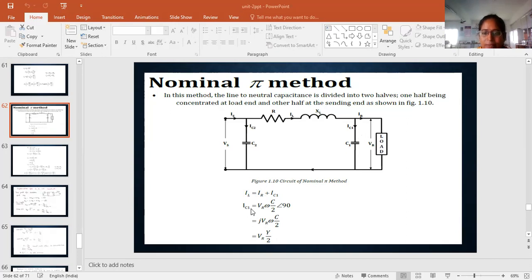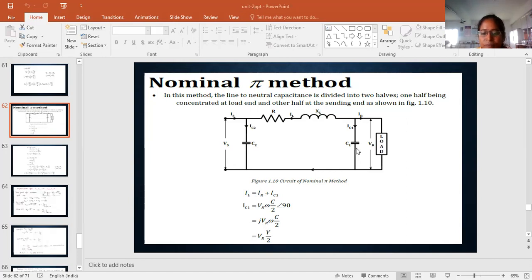So IC1 is given by the voltage across the capacitance. With respect to the parallel branch, the same voltage VR appears across the capacitance.